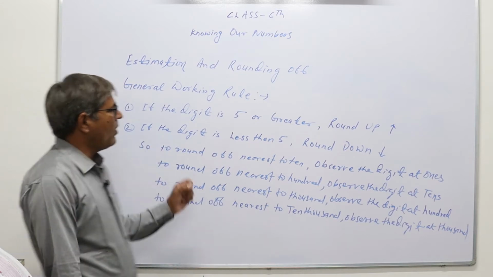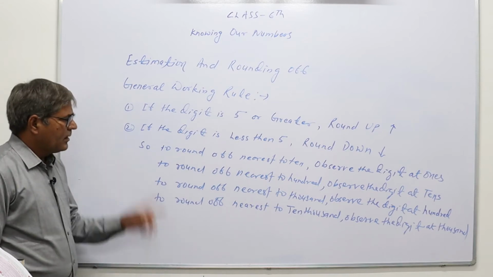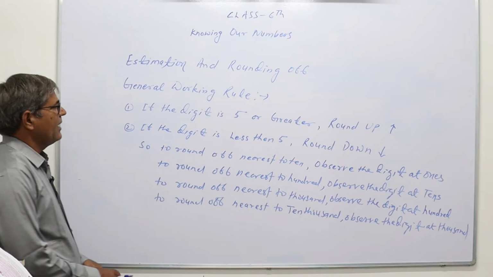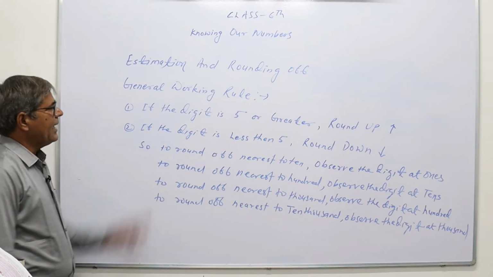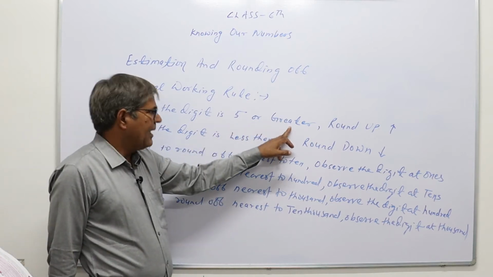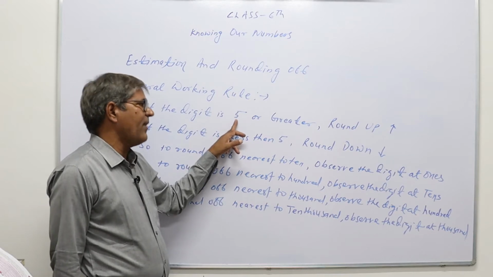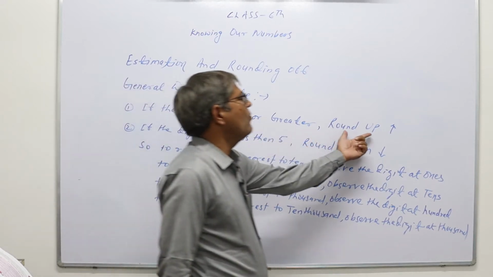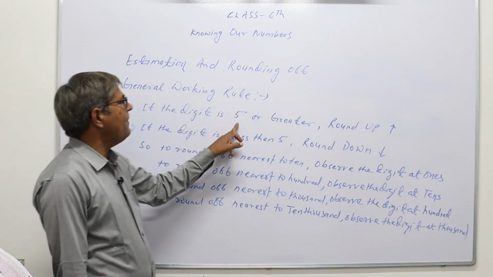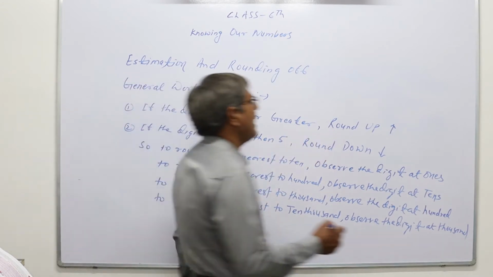whenever we have to round off any given number to the nearest 10, 100, 1000 or 10,000, if the digit is 5 or greater, then we will round up.